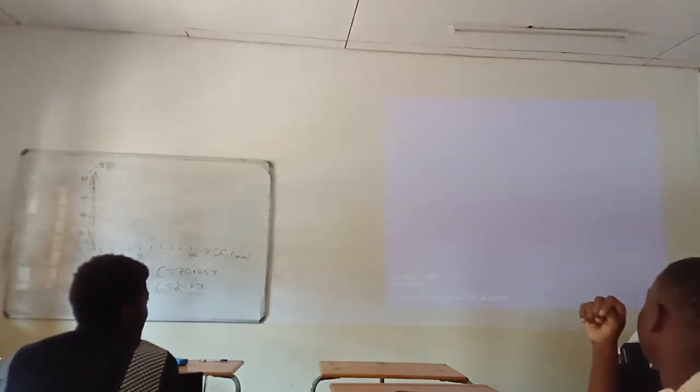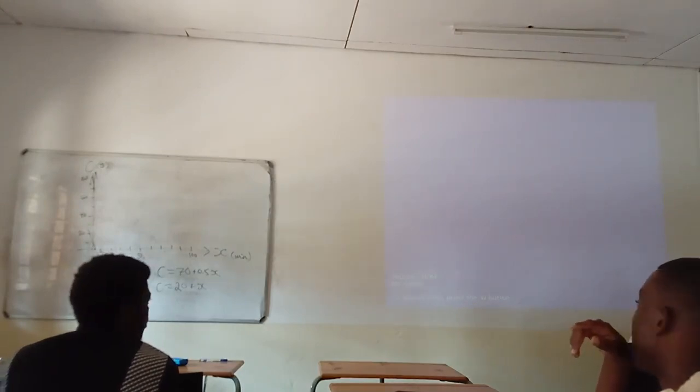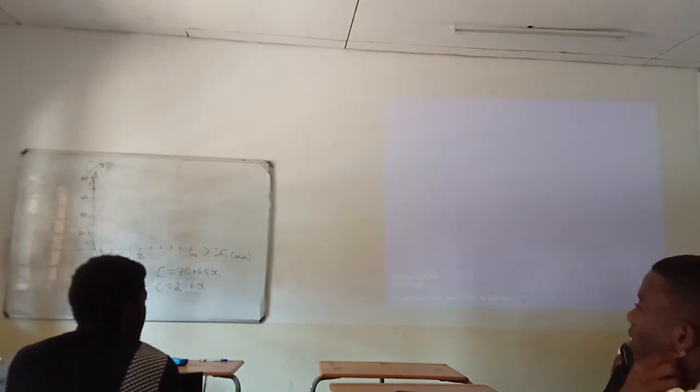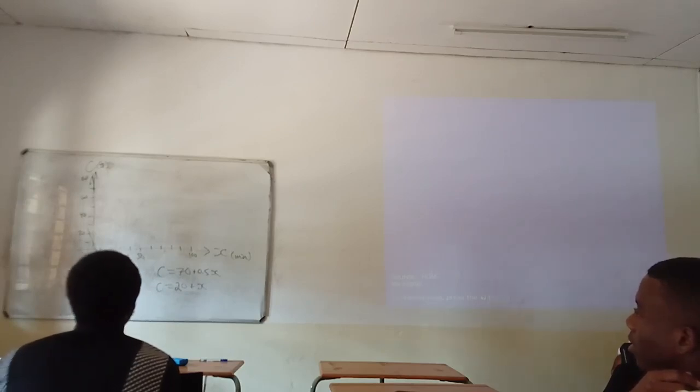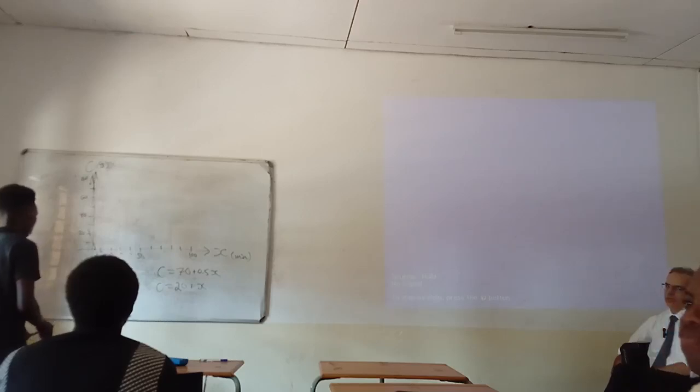So what did we find as the answer? The purpose of this was to find for what number of minutes total is the cost the same. In other words, where do the lines cross?